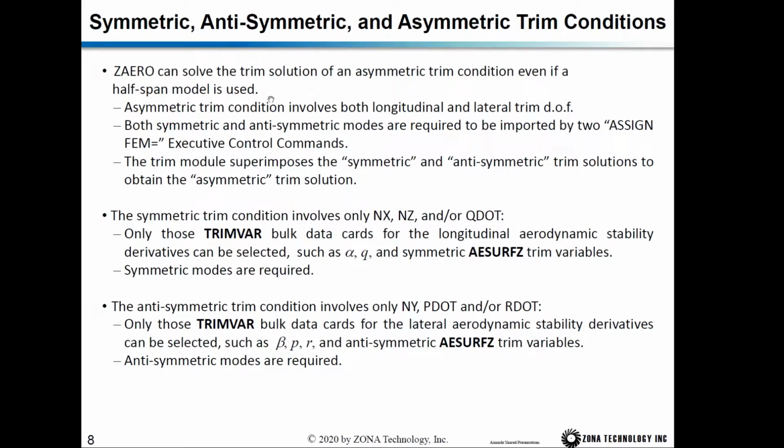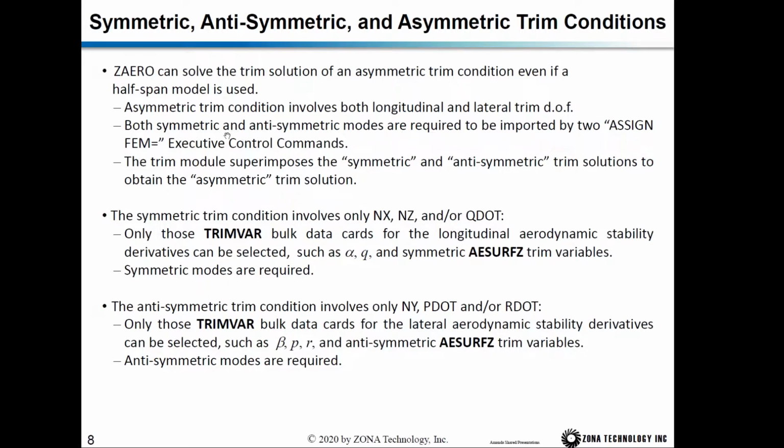ZAERO can solve the trim solution of an asymmetric trim condition, even if a half-span model is used. The asymmetric trim condition involves both longitudinal and lateral degrees of freedom, and both symmetric and anti-symmetric modes are required for the half-span model for solving the asymmetric trim condition.